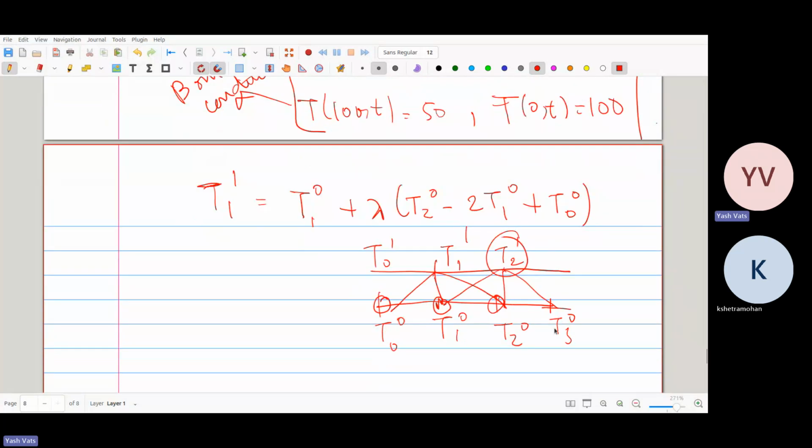So it's just an expansion in this way. I was just worried about the boundaries in this case. What is the boundary? i equals 0 and i equals 5. You don't need to describe it, because it's already described what the values are at these points.